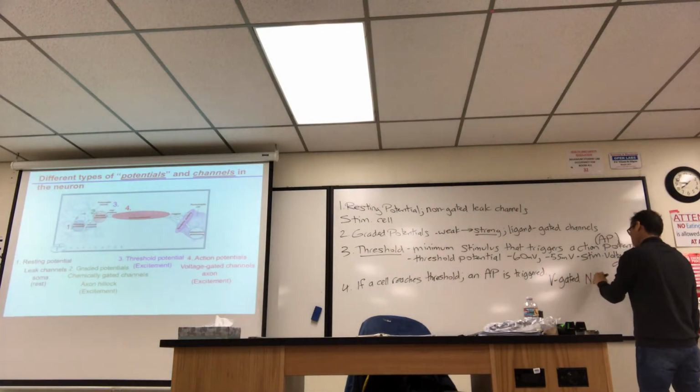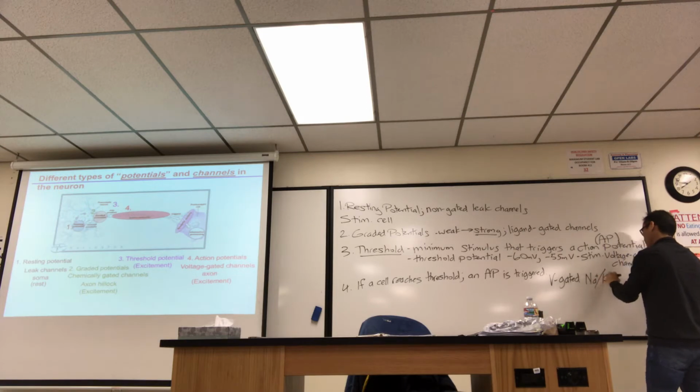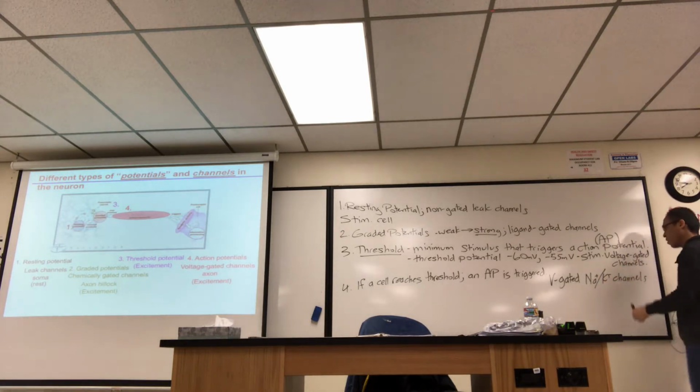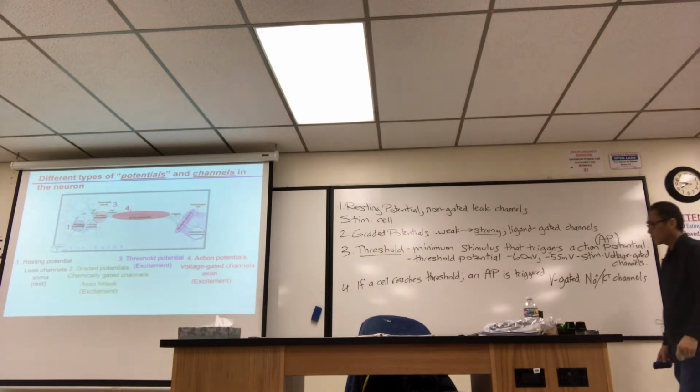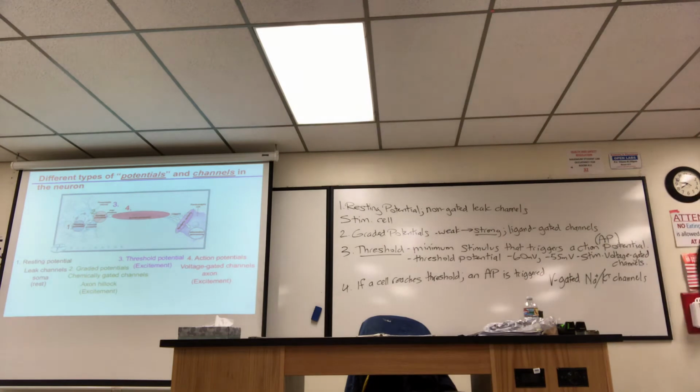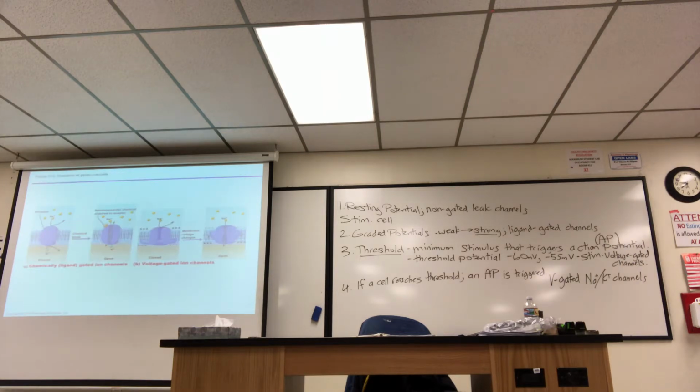Talked about these before too in the muscle lecture. I'll unpack them a little more today. Anyways, that's kind of an overview. Rest, then stimulated, okay? Graded potentials, if you reach threshold, you get an action potential. Here's the picture of different channels.